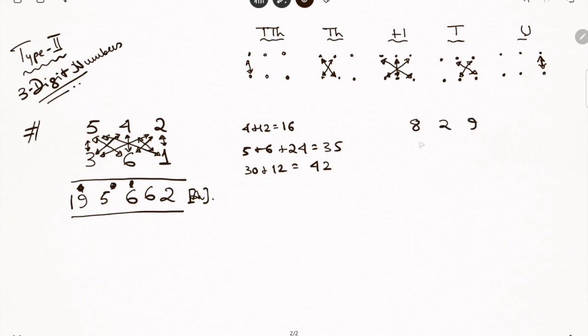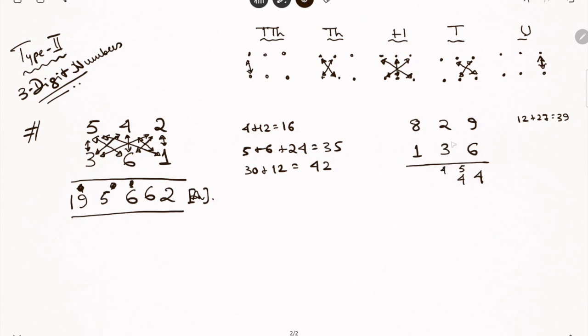Let us take one more example, say 829136. So first vertical multiplication, so 9 into 6, 54, carry 5. Second step, cross multiplication, that is 2 into 6, 12, plus 9 into 3, 27, plus the carry 5, which gives us 44, and we carry 4.